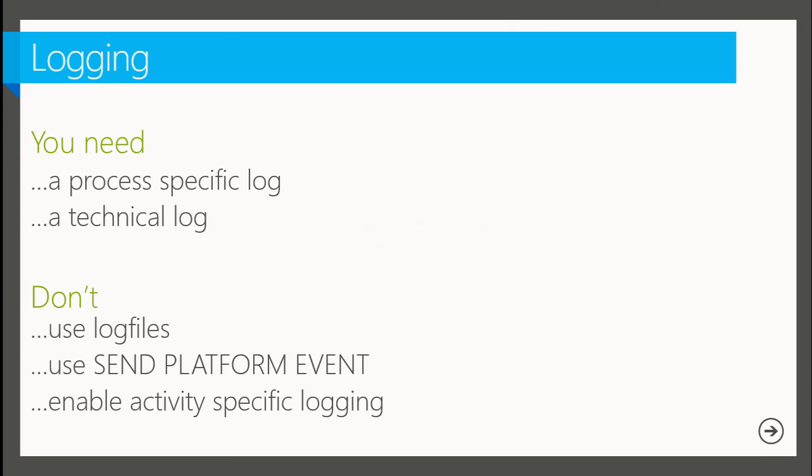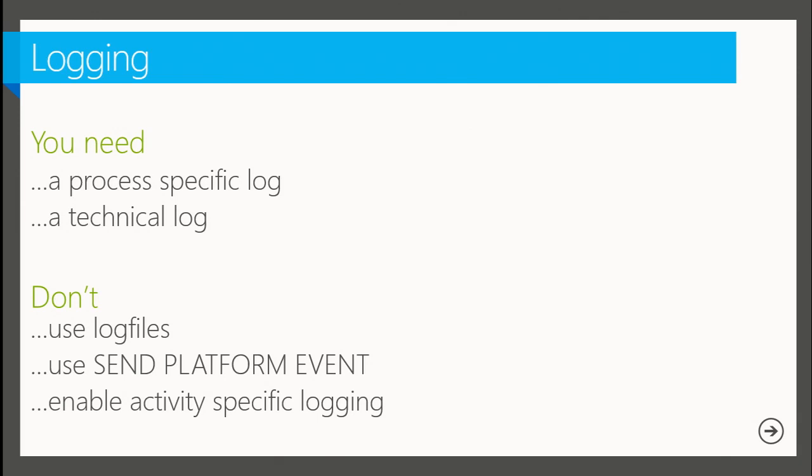So Pete was talking about how we generate a lot of data with activity-specific logging. I can show you an Excel sheet I have here. This is the Excel sheet that you can download from my blog when you're doing your planning.